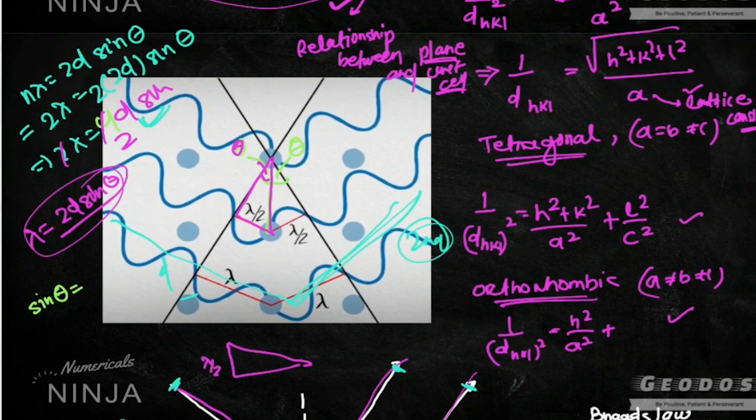Okay, this is your lambda by 2 and this is your theta.